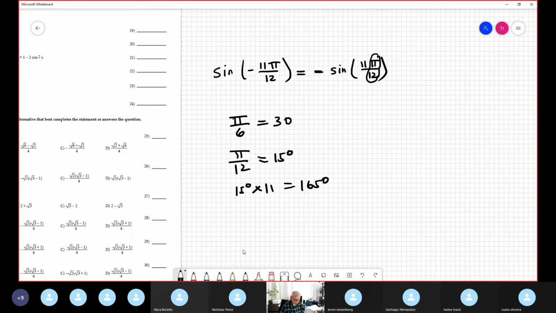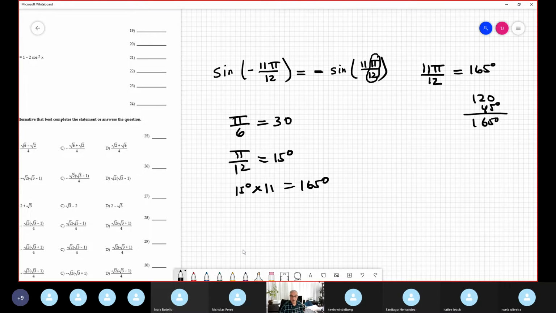Using my famous formula of the sum of angles, let me copy here: 11 pi over 12, I know is 165 degrees. I convert to degrees so I can see more clearly. The combination can give me addition or subtraction. I suppose it is 120 and 45, because it's 165.